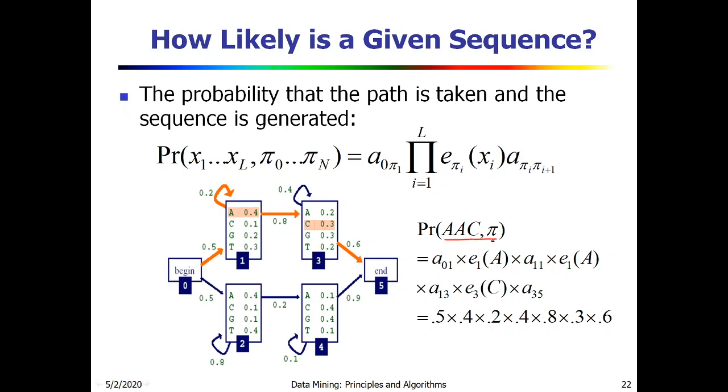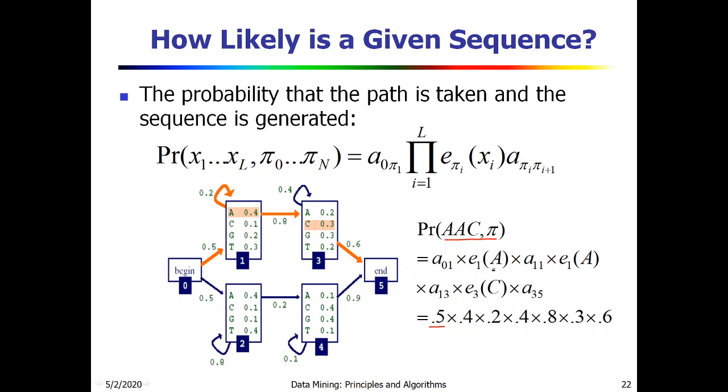So we have a01 into e1 of A. A01, that is from the beginning state 0 to state 1, the value is 0.5. Then we find the emitted value of A.